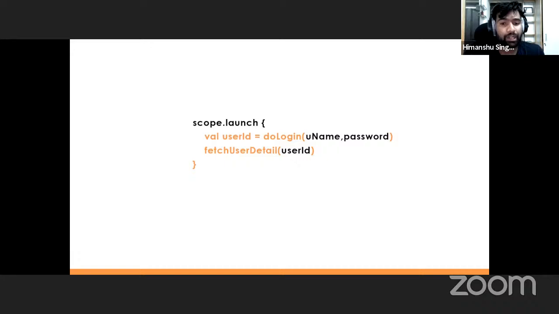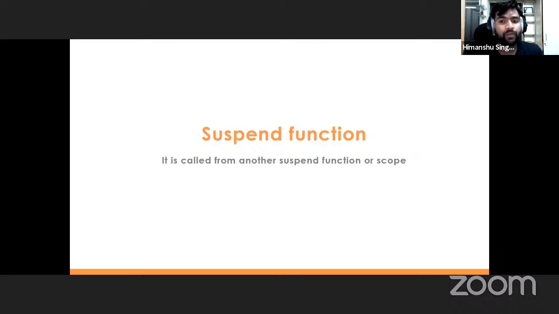So inside that launch, you are actually calling do login and then fetch user detail. So it might look to you like a synchronous execution, but it's technically not, right? Because it's not running on the main thread. Now it would be running on a worker thread inside a scope, right? So what's the magic inside that?